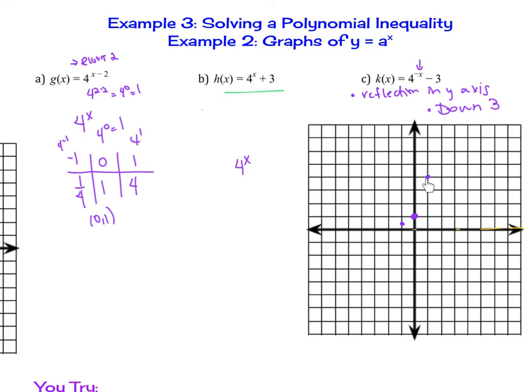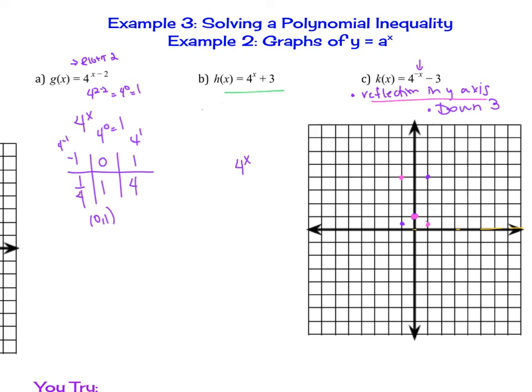But these other points will reflect. So this will be on the other side here, and this will be on the other side here. We're going to reflect each point across the y-axis. So here, and the other one is down here. So we're really looking at this curve, which is our reflection in the y-axis.